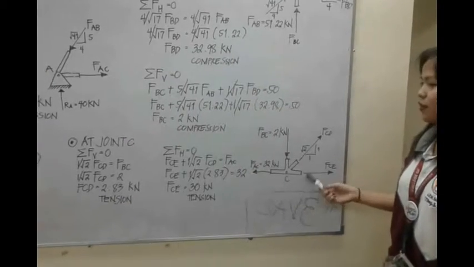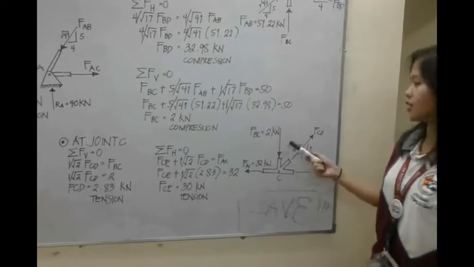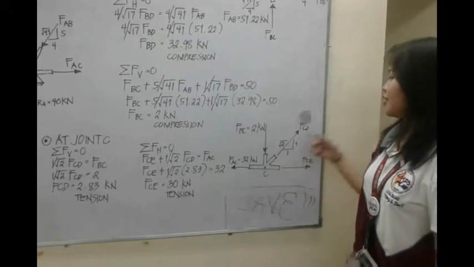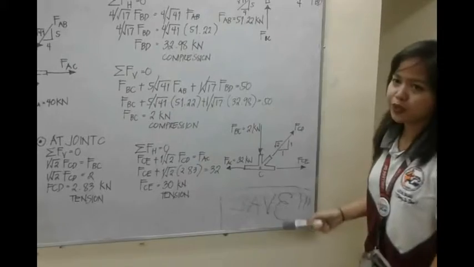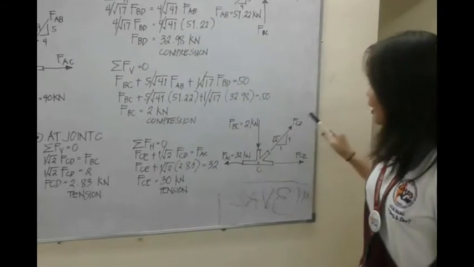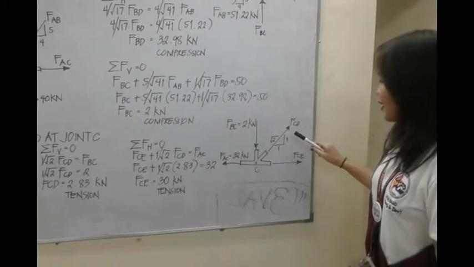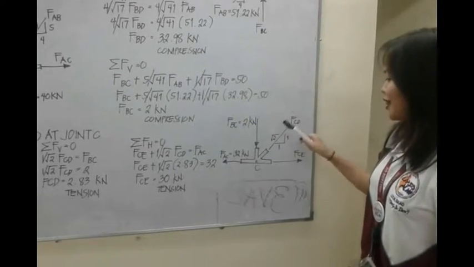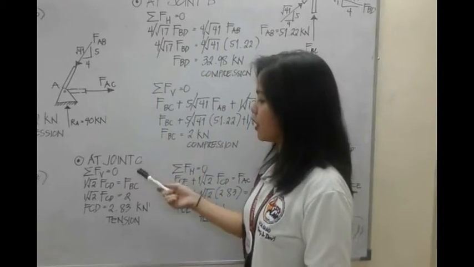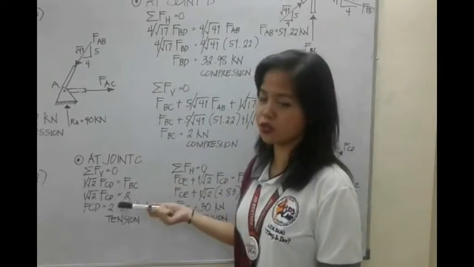As we can see in this free body diagram, there are 4 forces acting on joint C, namely FAC, FBC, FCD, and FCE. To compute for FCD, there are given distances that will be used to get the hypotenuse using Pythagorean theorem. The summation of vertical forces at joint C is equal to 0.